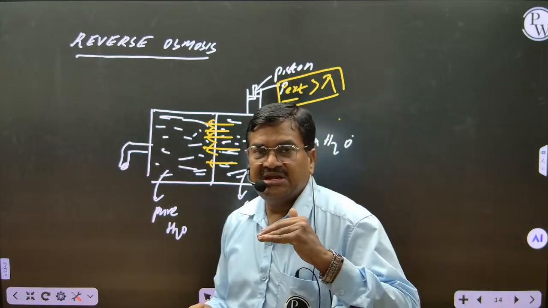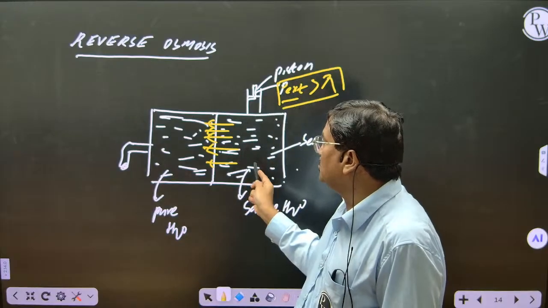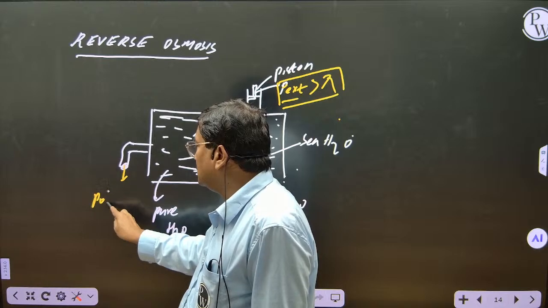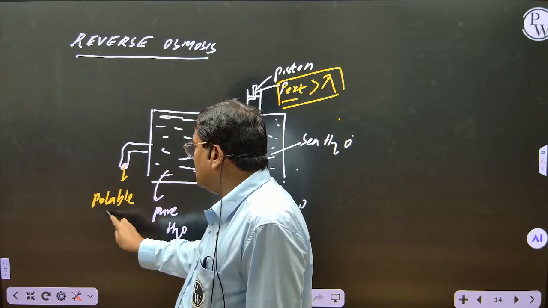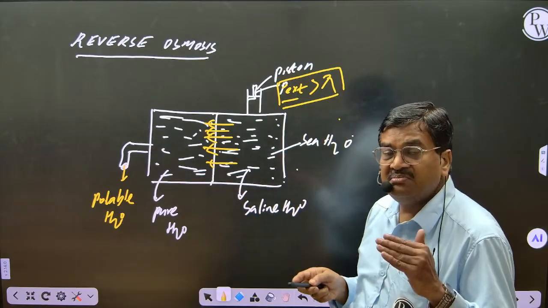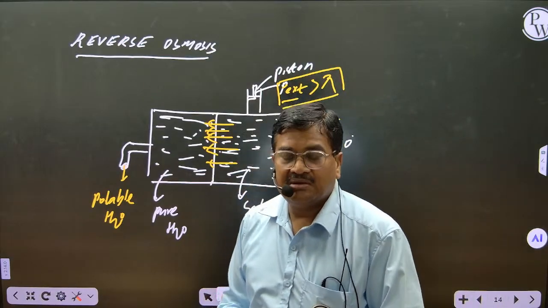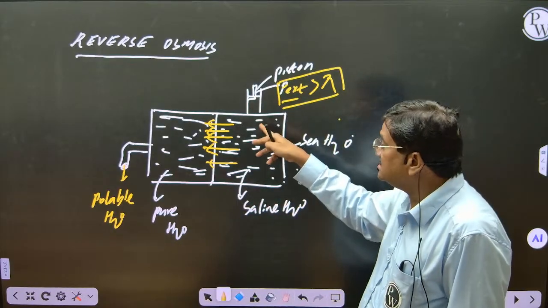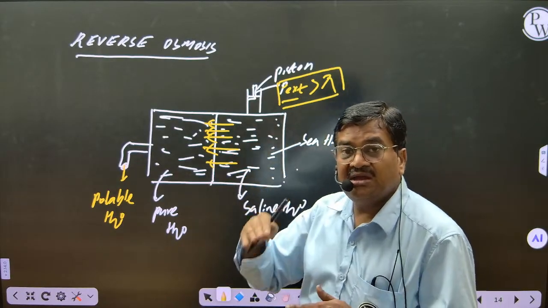The water present in the sea water, pure water will go into this and we get potable water here. In exams they ask conceptually how the external pressure should be compared with osmotic pressure. In reverse osmosis, the external pressure applied on the sea water should be higher than osmotic pressure.